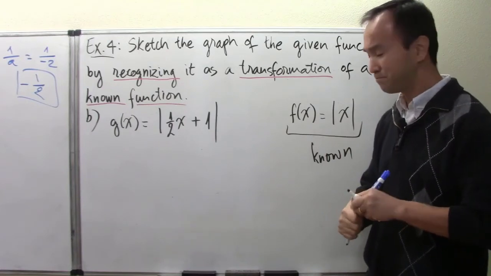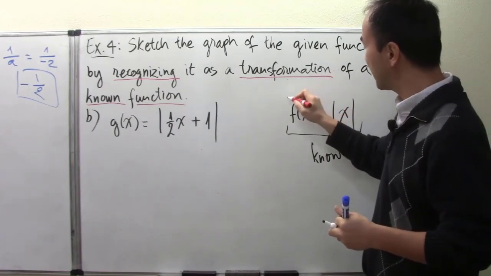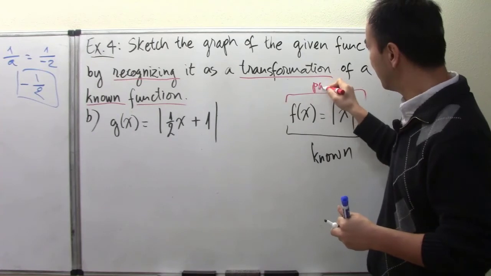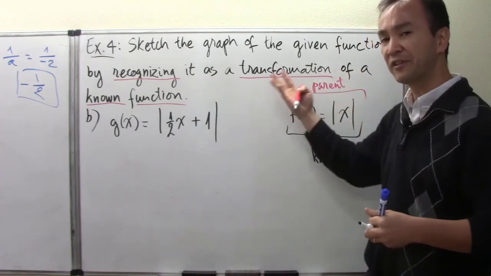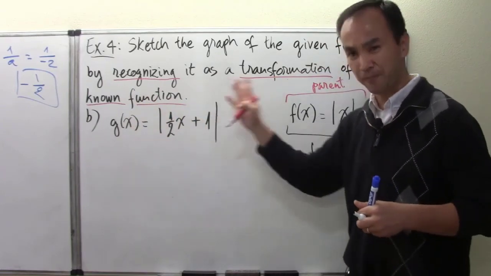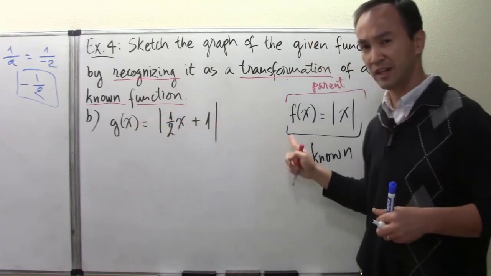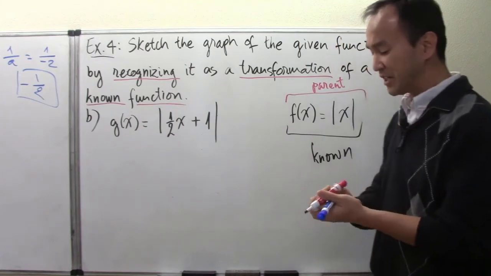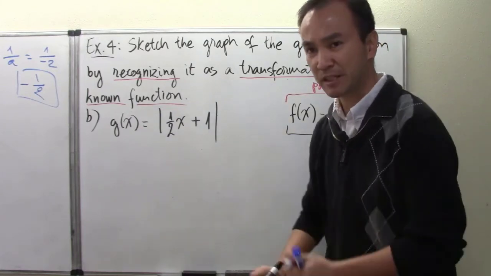And so now once we pinpoint this known function, we want to see how this can be a parent. We want to recognize even further the descendant-parent relationship between g and f. Okay, and so in that way, now I'm going to sketch down my thought process again.